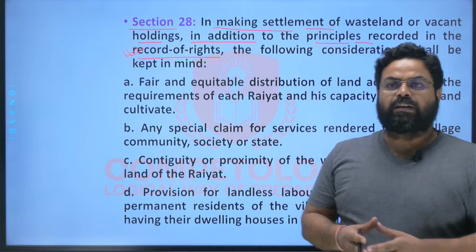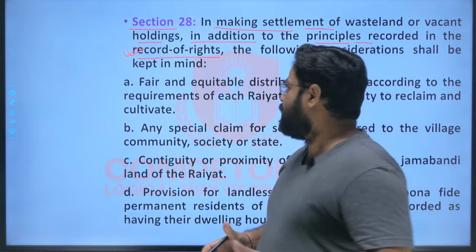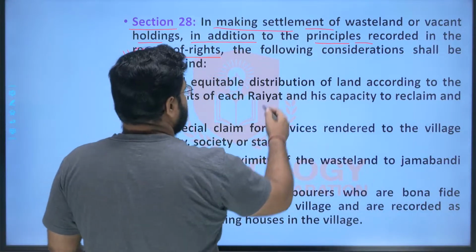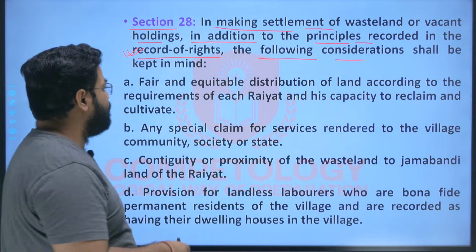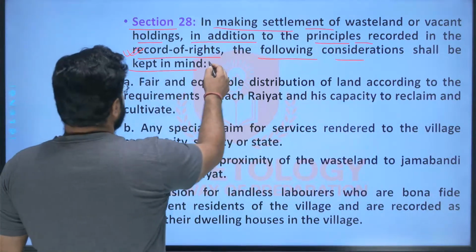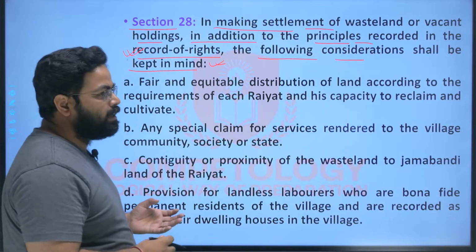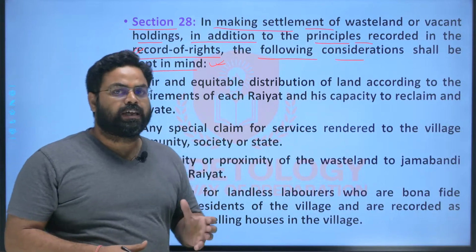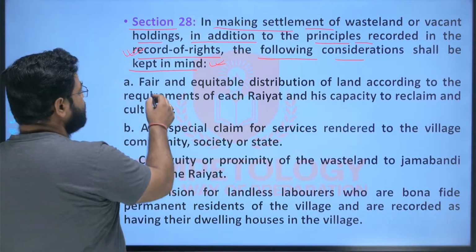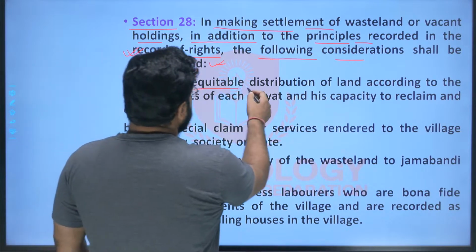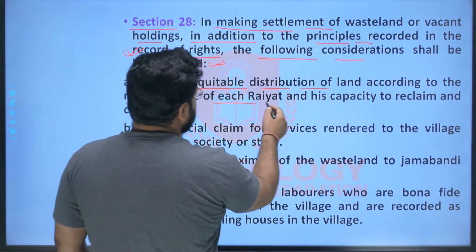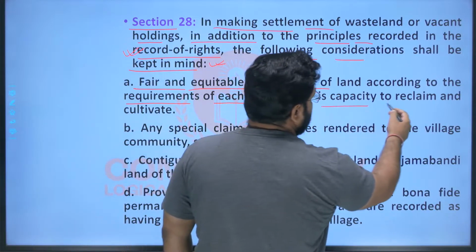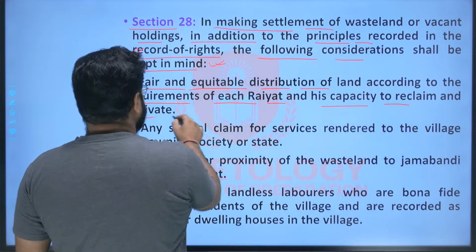So these will be there in the record of rights, as well as some other terms and conditions mentioned in the act itself. And what are the terms and conditions that should be considered while settling any vacant land or wasteland? So here the first is fair and equitable distribution of the land according to the requirements of each rayat and his capacity to reclaim and cultivate it.